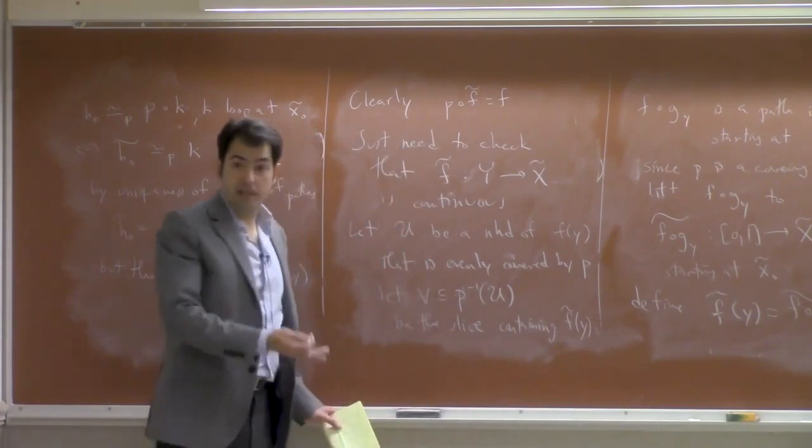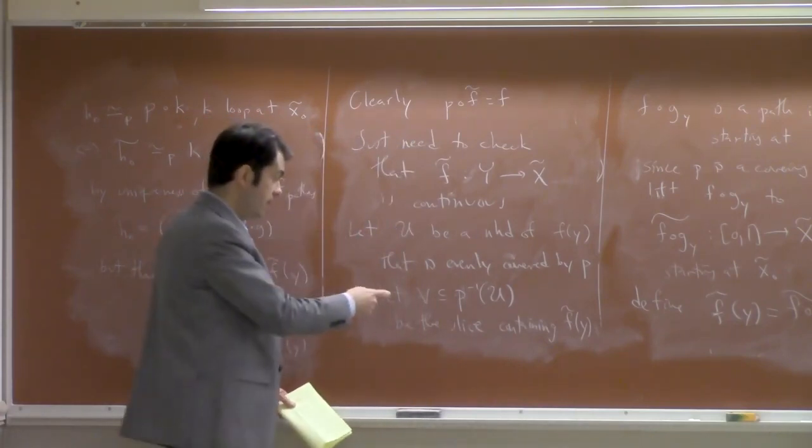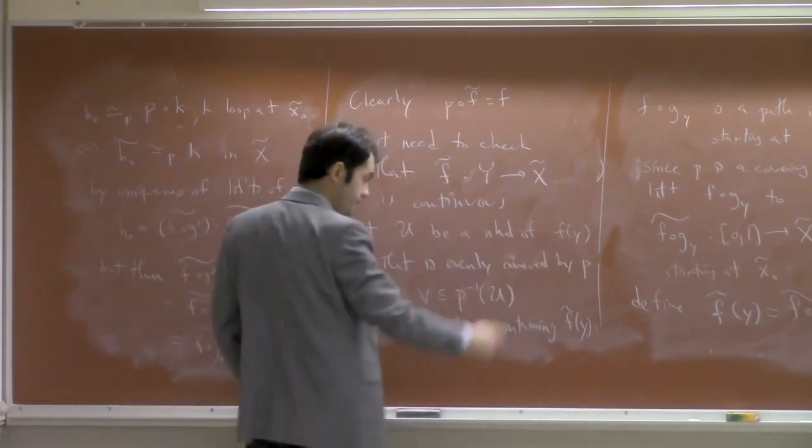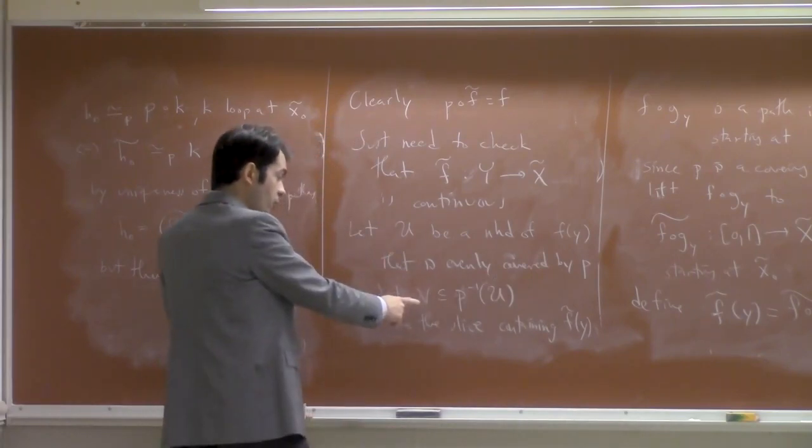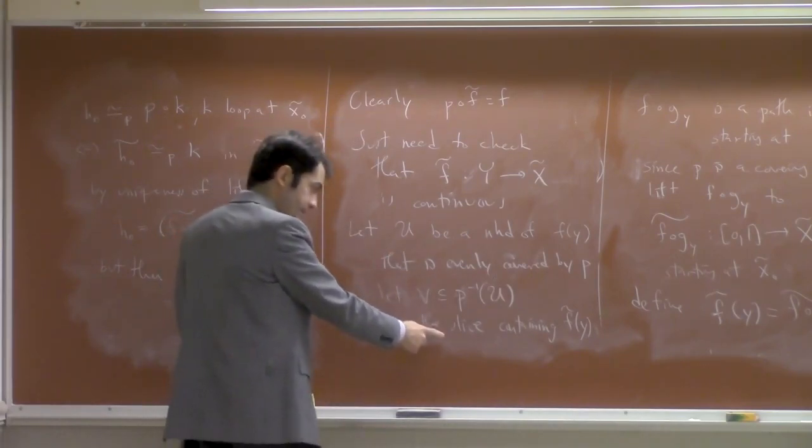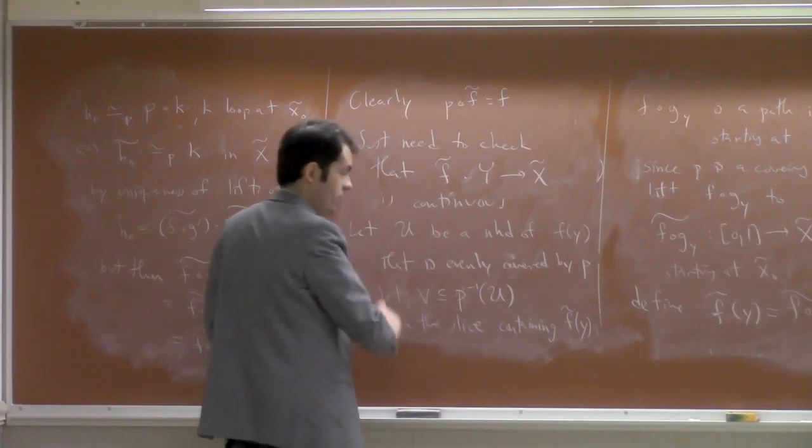Right? So we've defined f tilde of y. It's some point lying above f of y. So it's contained in one of these slices, which we denote V.